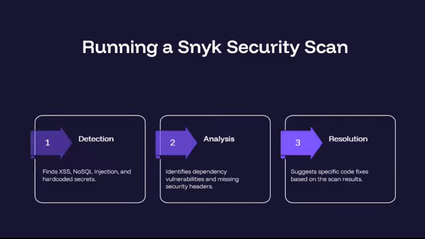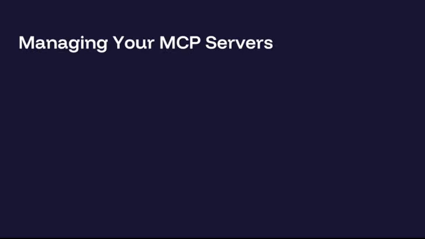And at the end we have resolution, where GitHub Copilot suggests specific code changes to fix these vulnerabilities. So I think this is a very great example of how MCP allows AI to work with professional developer tools instead of only giving theoretical advice. This is what I think.